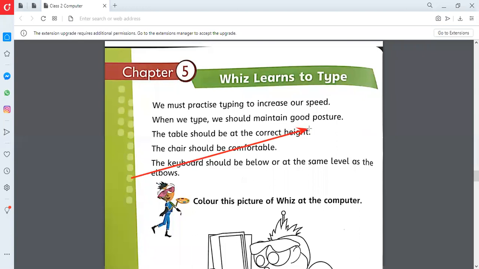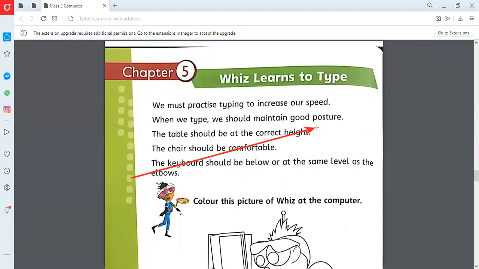As we know, we can't type without sitting. We can't type by standing. So for this, we should maintain good posture, the good style, the good way.